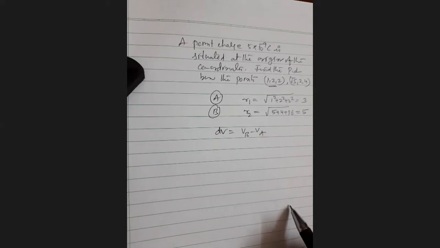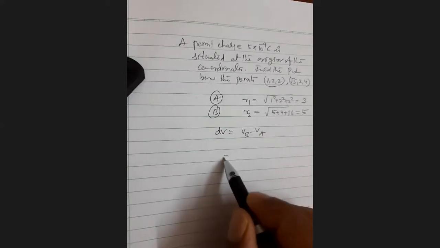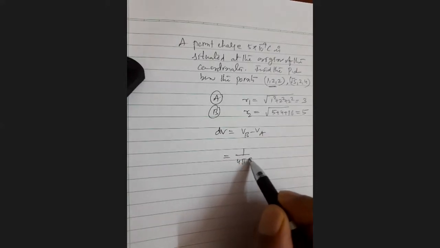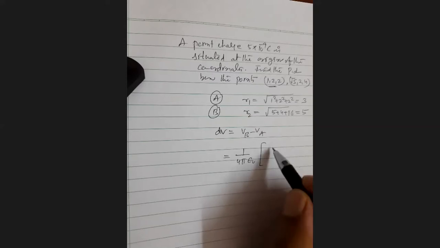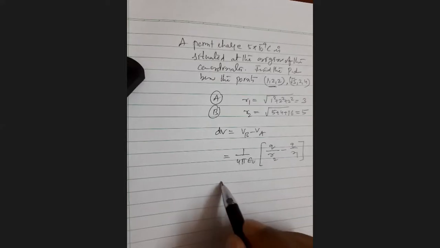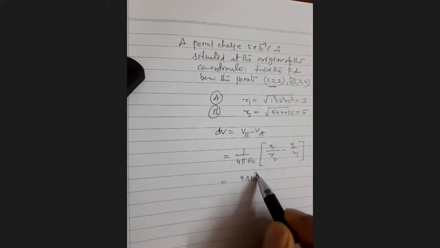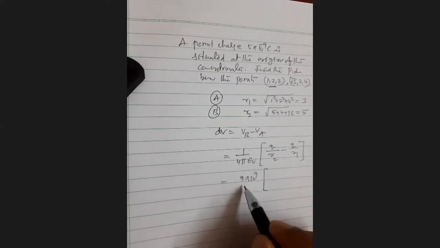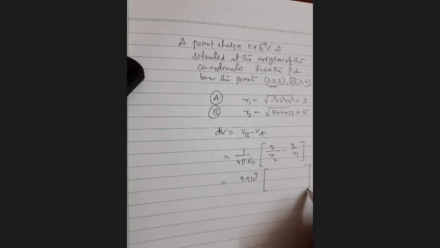VB minus VA equals 1 by 4 pi epsilon naught times Q by R2 minus Q by R1. It is 9 into 10 power 9, Q also taking common. How much?